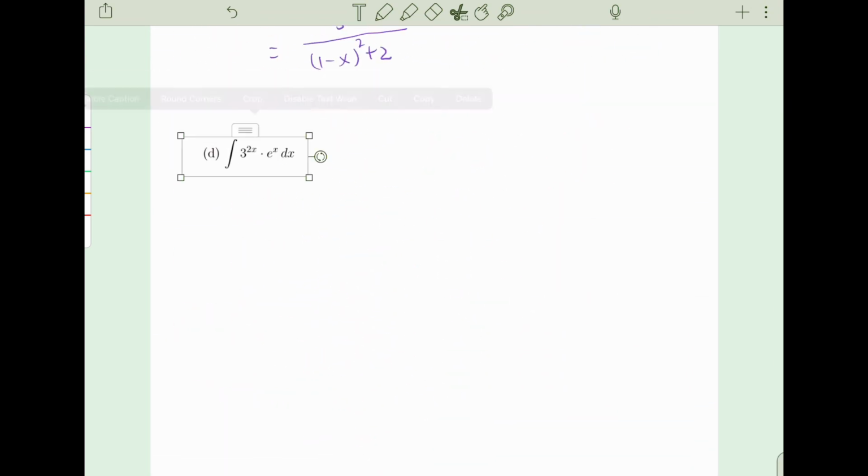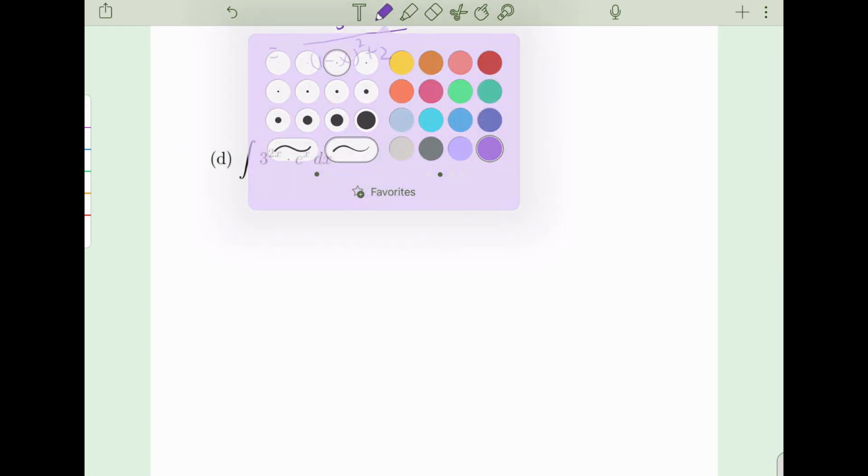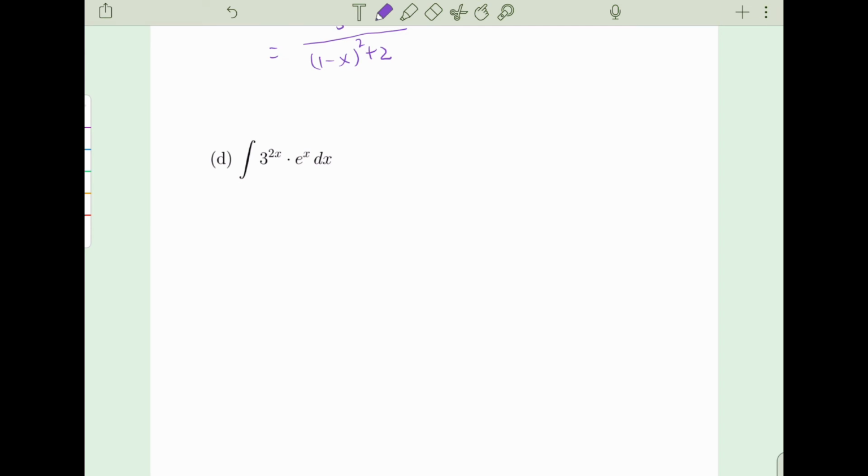The trick is to rewrite this function so that we are able to use the formula from our formula sheet. You don't want to have a product of two different functions. How do we do that? We rewrite this 3 to the 2x into 3 to the 2, and again to the x.